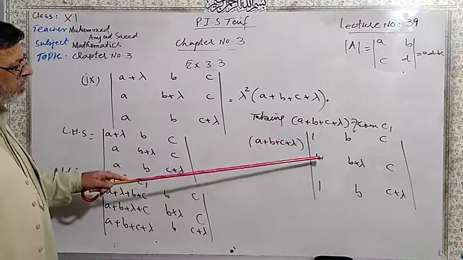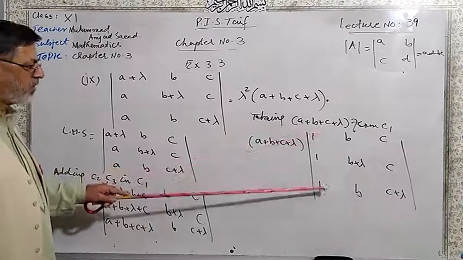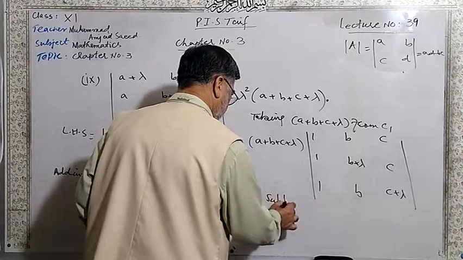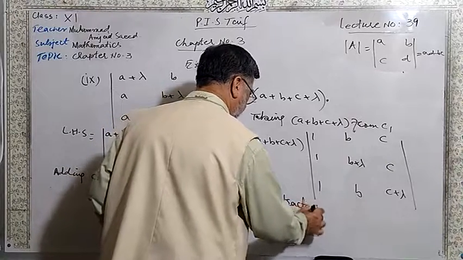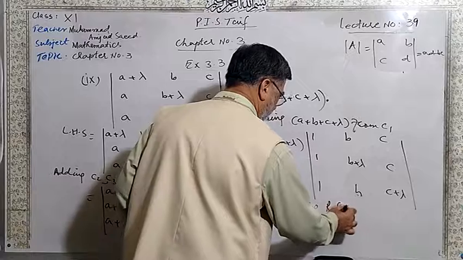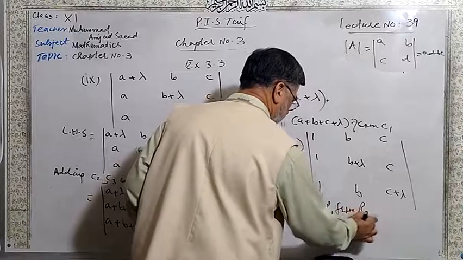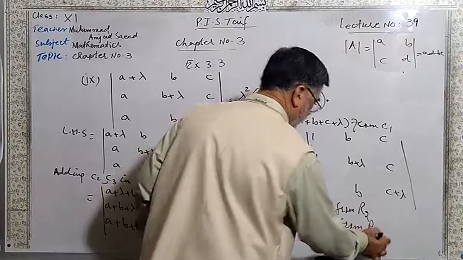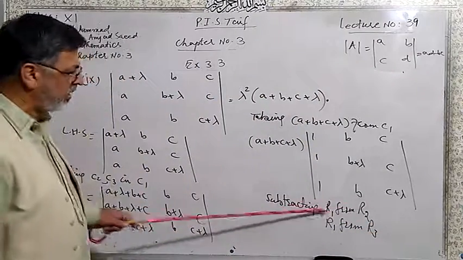Subtracting R1 from R2, R1 from R3. That is R2 minus R1 and R3 minus R1.